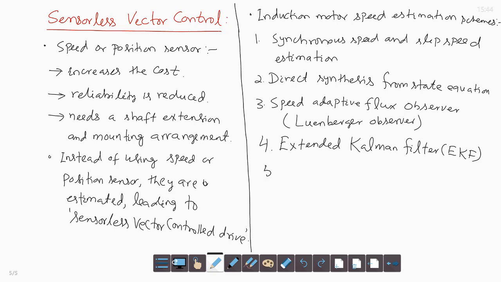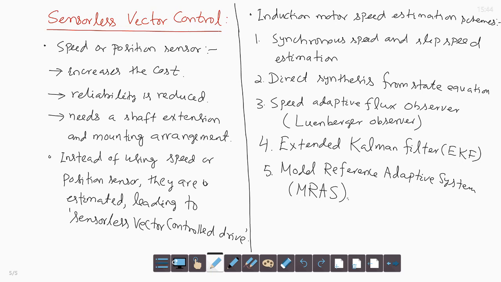And another option is model reference adaptive system, MRAS, for speed estimation.